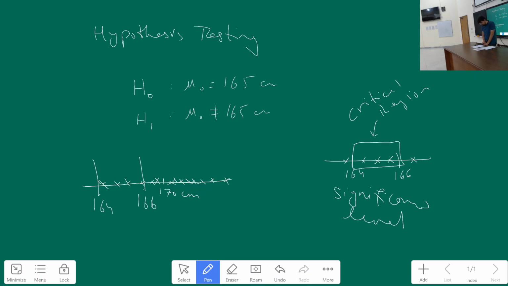So let's come back to this type of error thing first. As soon as you make a hypothesis, the universe kind of splits into 4 possibilities.